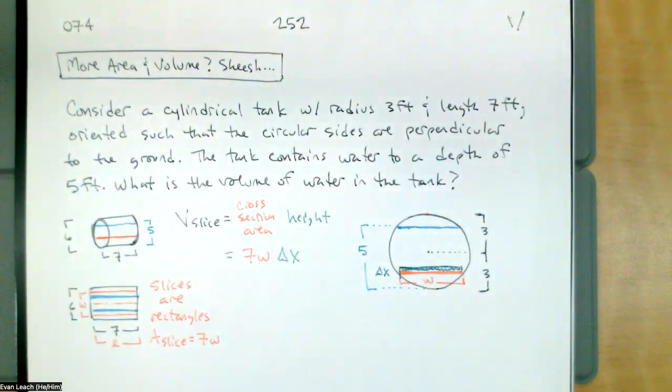But I can't integrate W with respect to X because I know W and X are related. So I have to figure out what that relationship is between W and X, which means I have to define where X is, which means I have to wonder why I drew this circle so small.